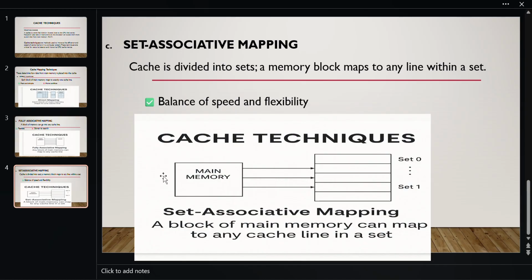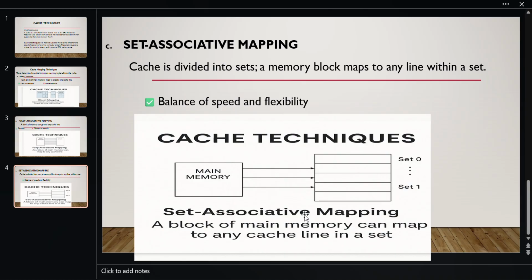This is the diagram of set associative mapping: a block of main memory can map to any cache line in a set.